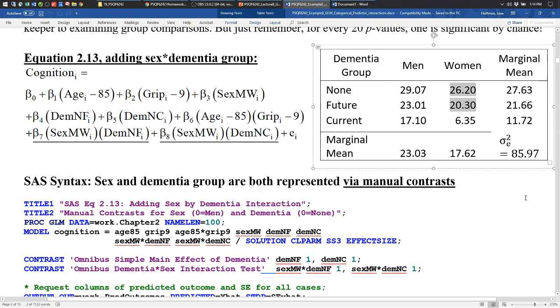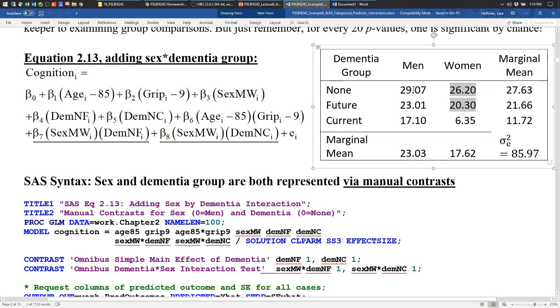Spoiler alert, do you think a 6-point difference differs from a 6-point difference? Not at this sample size is the answer, right? It could. If I had 1 million people, then 6.000 versus 6.001 could be different. That would be a very small effect size, probably, but it could still be significant.